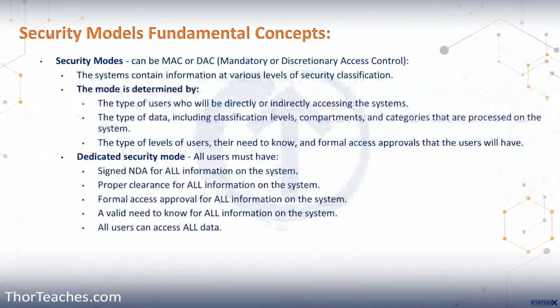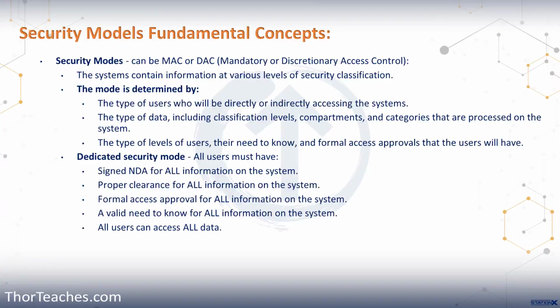And as the last part of this lecture, let's look at security modes. They can be both mandatory and discretionary access control. Here, the systems we are accessing contain different levels of security classifications, and which security mode we choose to implement will be determined by the users who will directly or indirectly be accessing the system, the types of data on the system, both the classification levels, compartments, and categories of things that we are processing on the system.